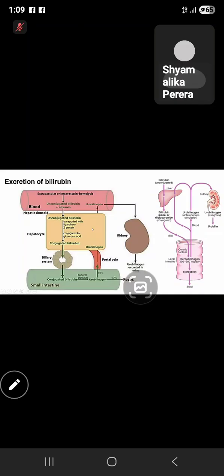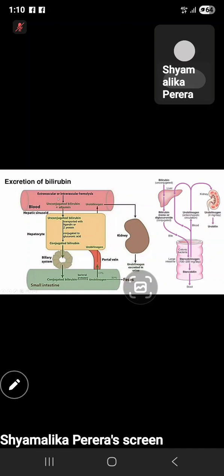When we think about the excretory pathway of bilirubin, it's a waste product produced during the degradation of the hemoglobin molecule. This can happen in extravascular sites like the spleen, liver and bone marrow, or intravascularly within the blood capillary.